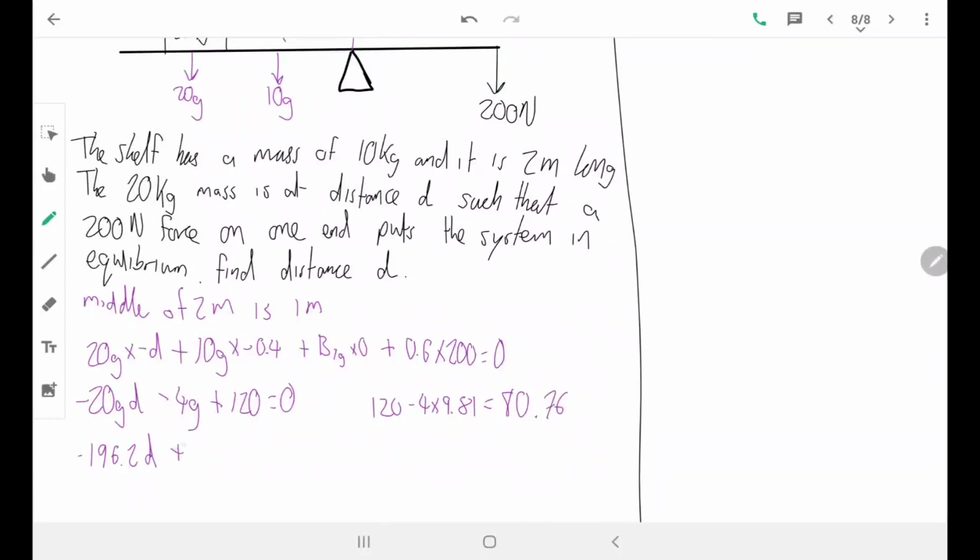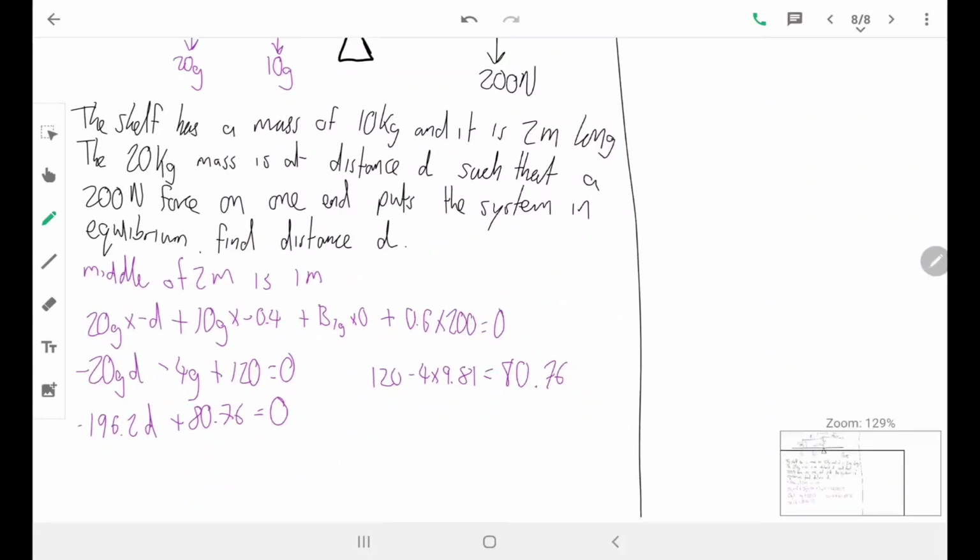So that's plus 80.76 equals 0. We're then going to move this minus to that side, so our 196.2D goes to the other side.